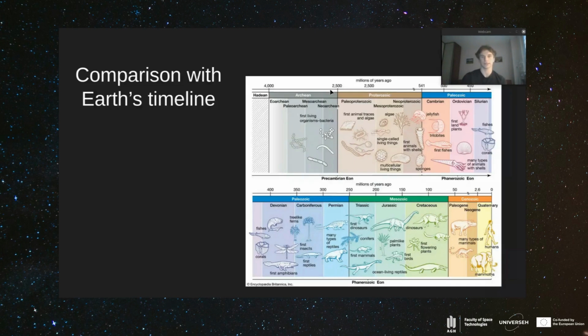We can see that at most 1,500,000,000 years after the Hadean period, we could see the first organisms. So compared to the whole age of the Earth, it's quite quick.